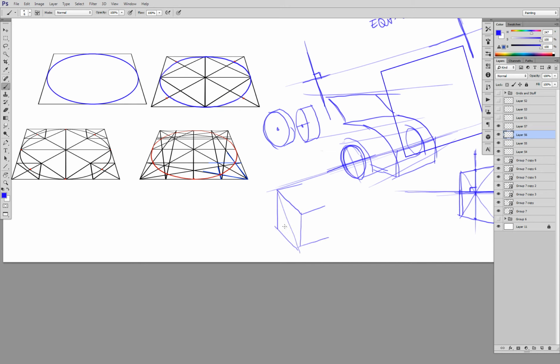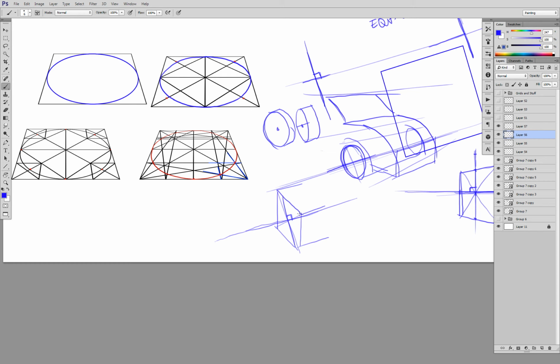So again, we've got a center line here. And as I draw this ellipse, I've got to get it to fit all of these sides.